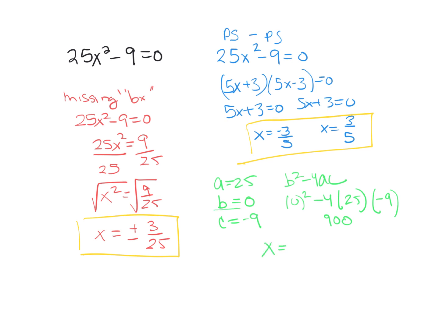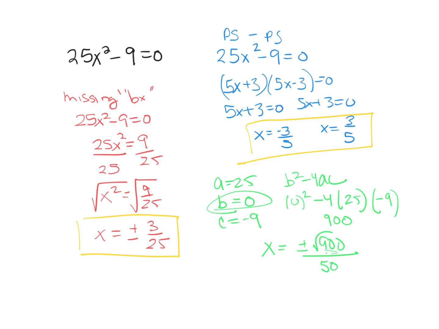So x is equal to the opposite of b, which is 0, so I'm not going to write anything there, plus or minus the square root of 900, divided by 2 times a, which is 25, so that's going to be 50.